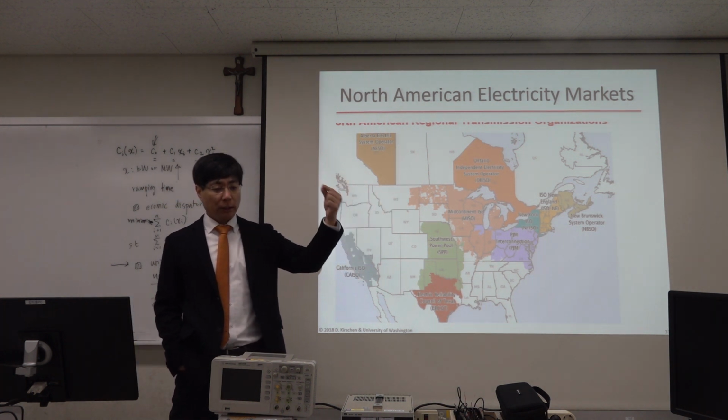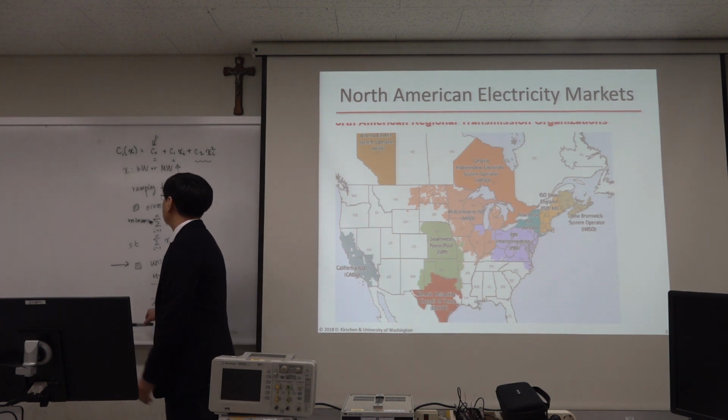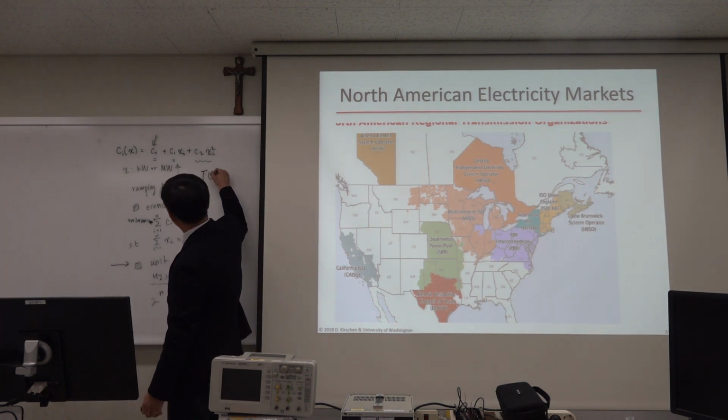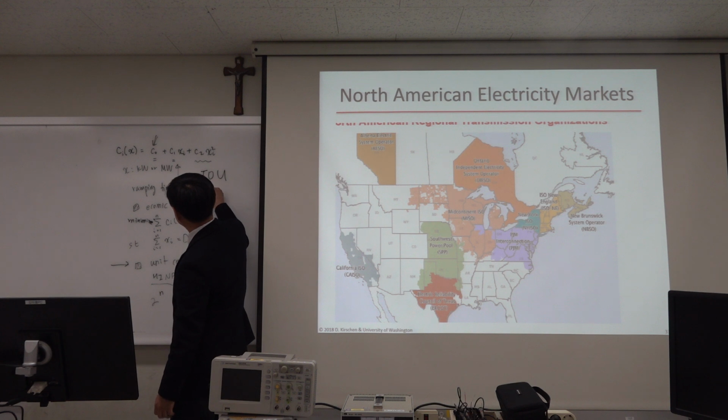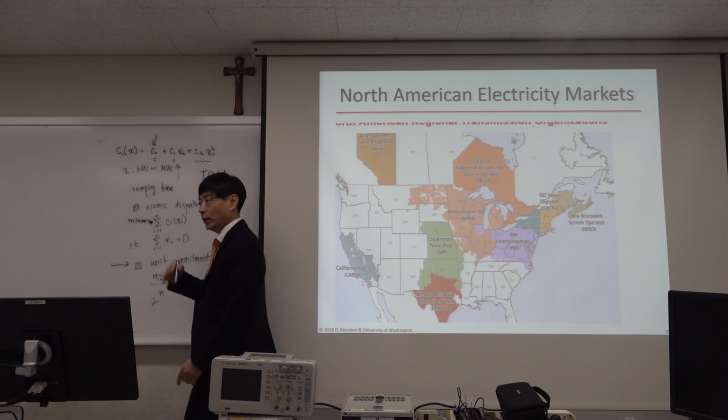TOU means the electricity price that changes over time. We will have a chance to discuss this later. Time of use is the electricity price that changes over time.